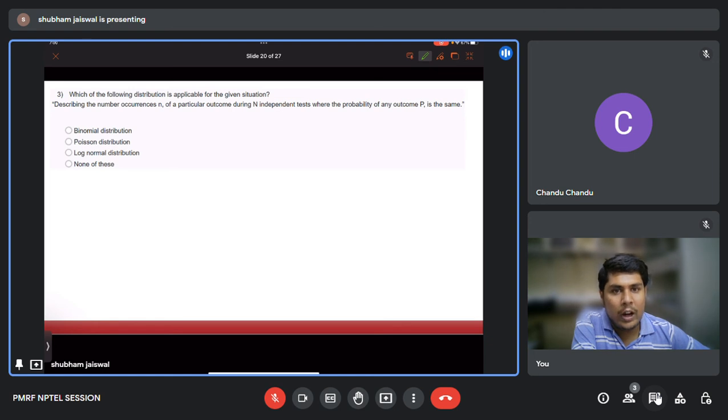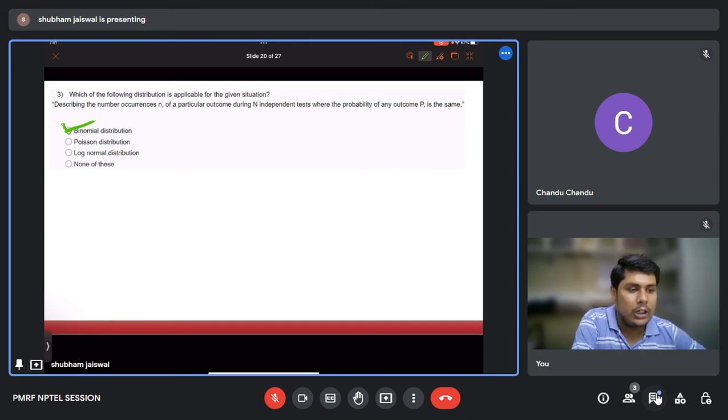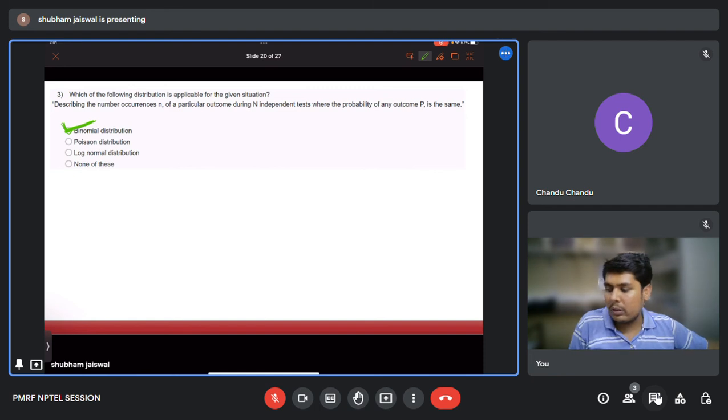If we have n independent trials and the probability of any outcome is the same, that distribution is the binomial distribution. Mr. Chandu, you are correct, it's the binomial distribution.